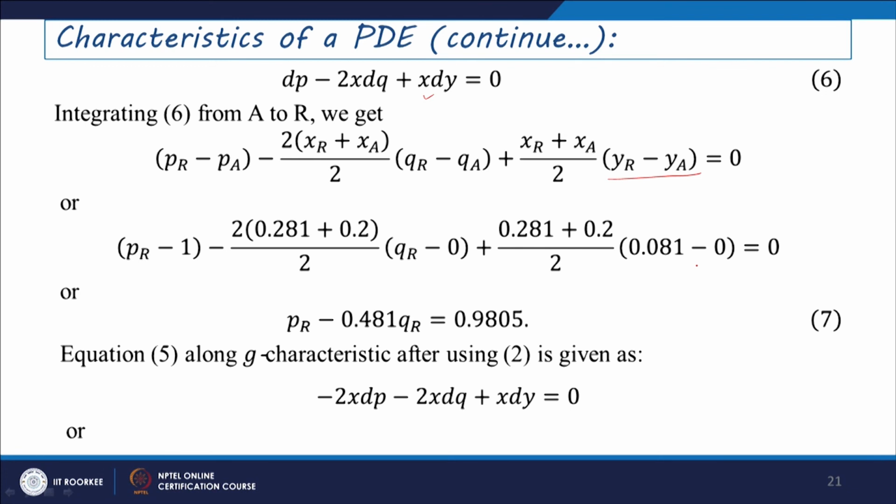If you solve this equation, it takes the form pr minus 0.481 qr equals to 0.9805 here.